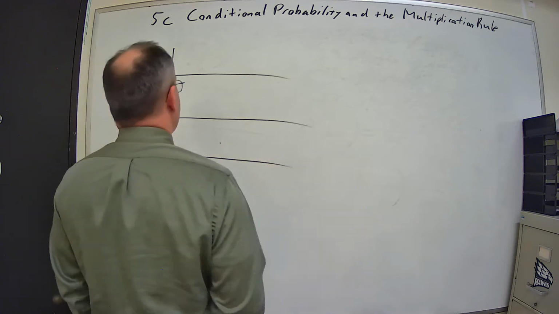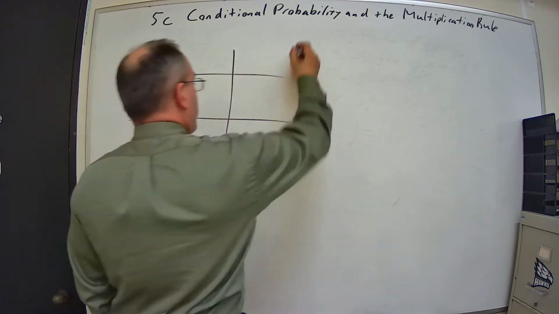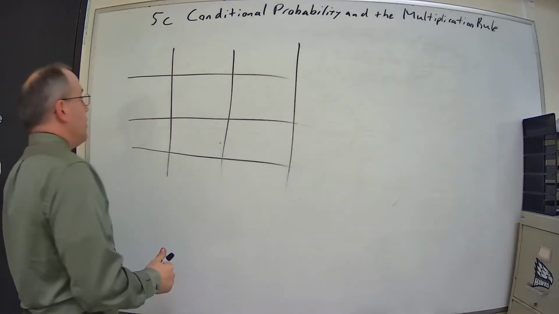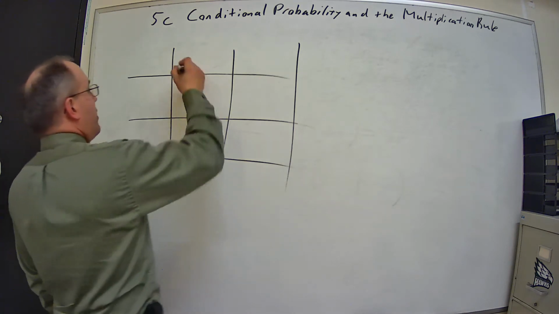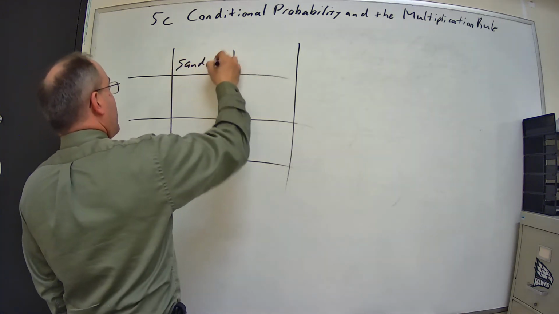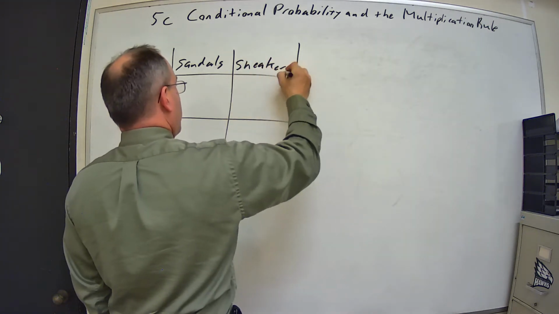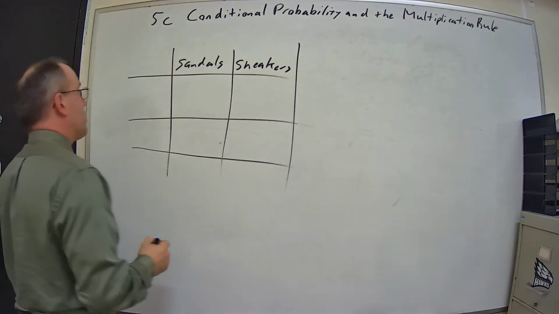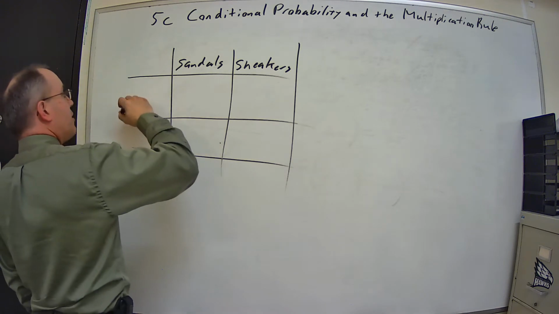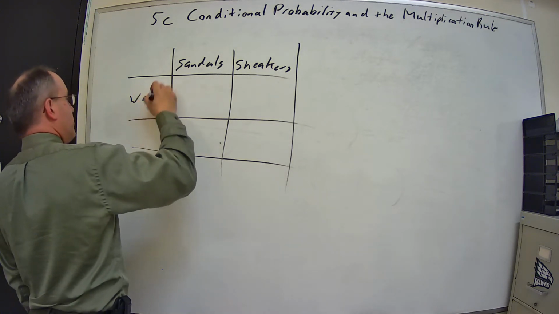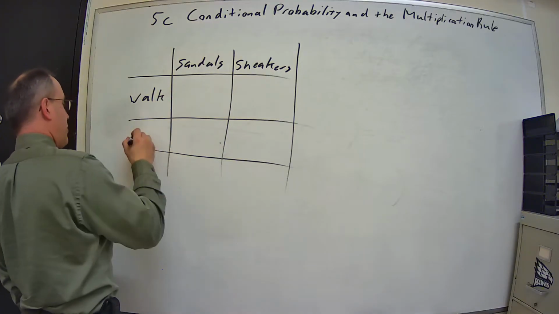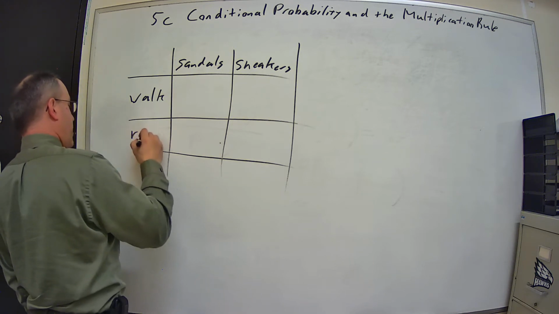So we're going to put a contingency table here. So let's say we have sandals and sneakers, prefer to walk places or ride places.